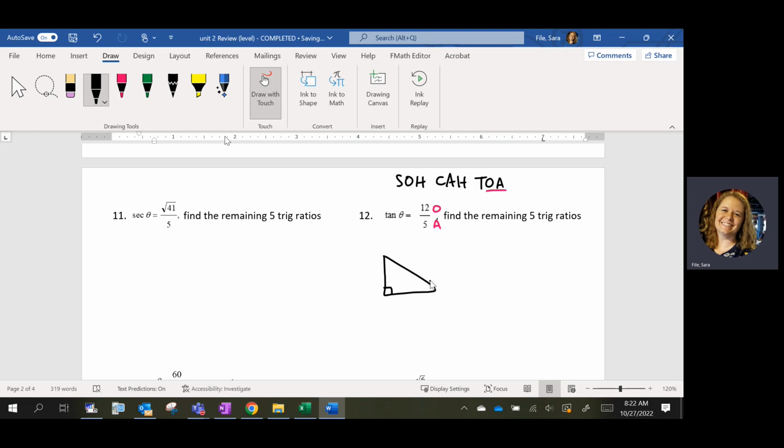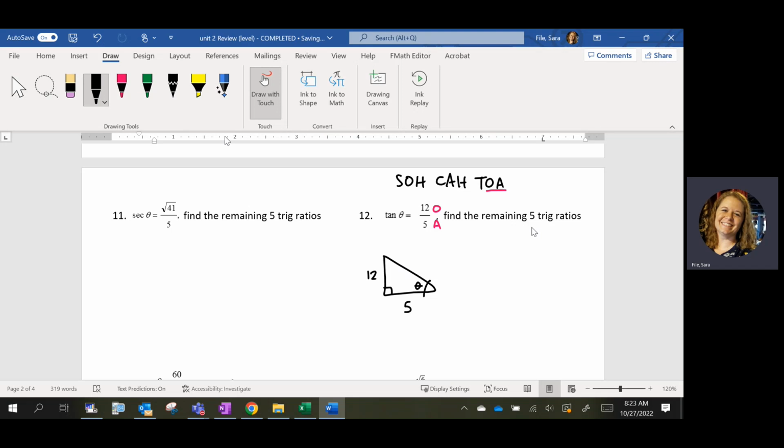Okay, so if you want to do this one down here, we'll call this theta. Okay, and then they're telling us the opposite side is 12. Okay, so opposite side is 12 and adjacent side is 5. Okay, now they want all 5 remaining trig functions, or if this was a specific, it said find secant of theta or sine of theta.